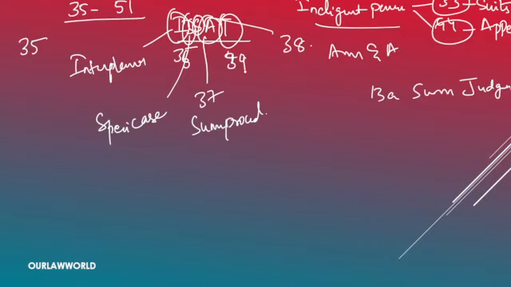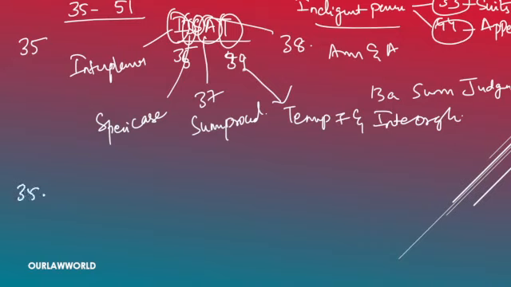And the last one, 39, which is for temporary injunctions and interlocutory orders. So this is how you need to remember orders from 35 to 39.